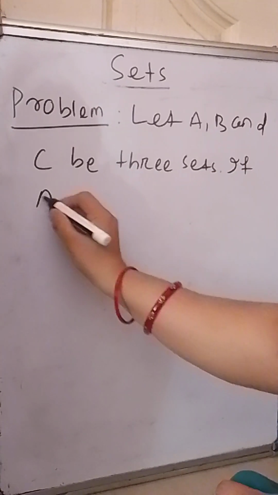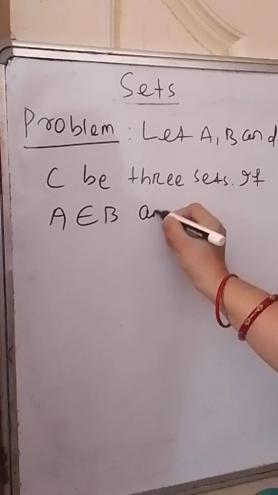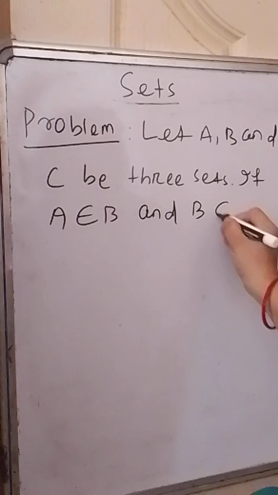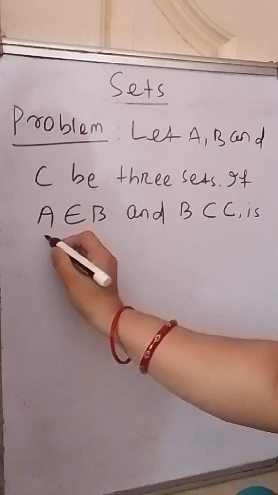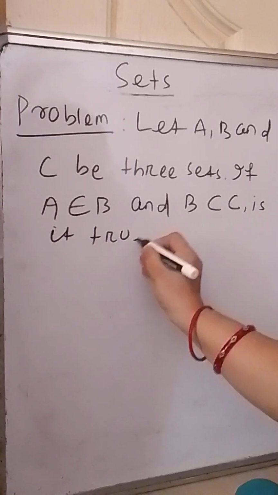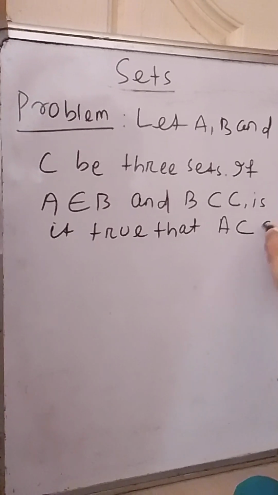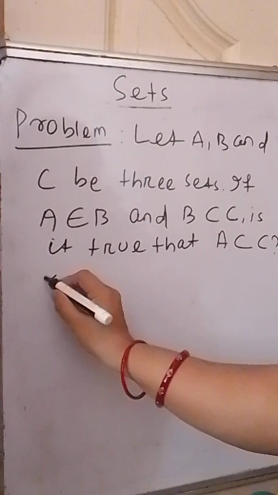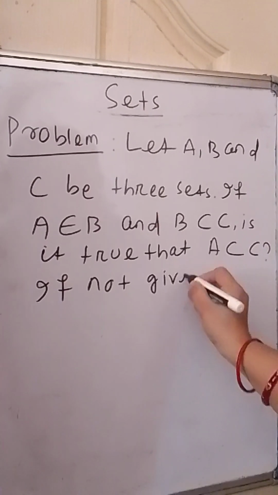If set A belongs to set B and set B is a subset of set C, now the question is: is it true that A is a subset of C? If not, give an example.